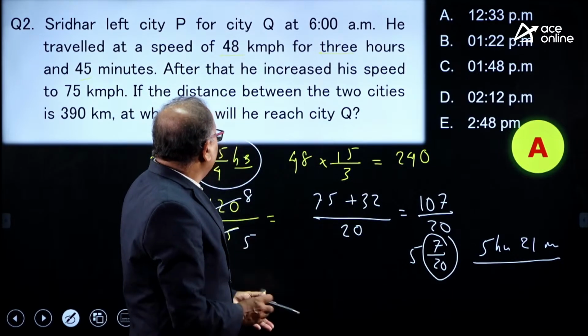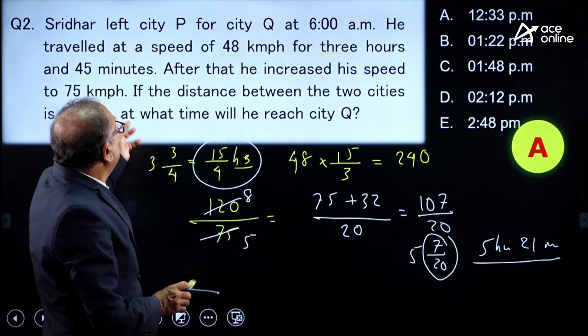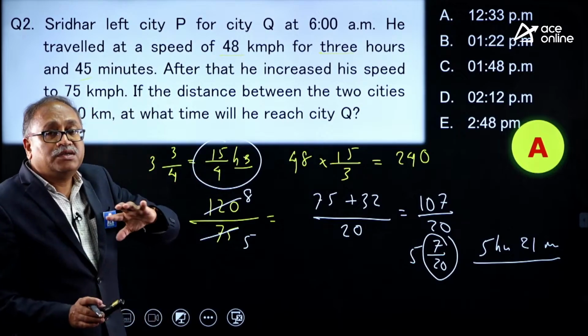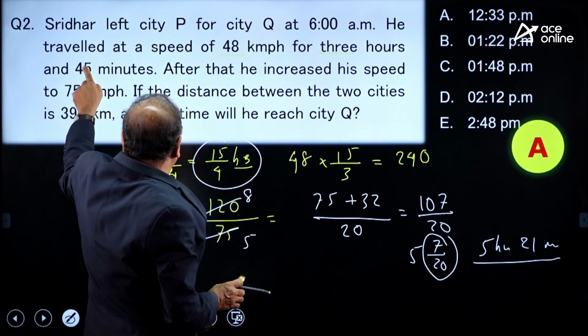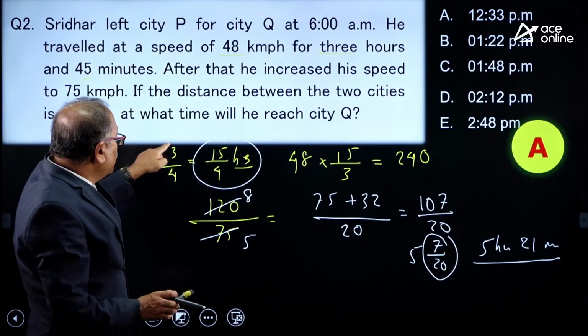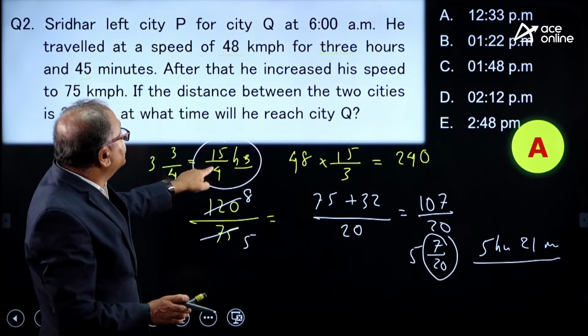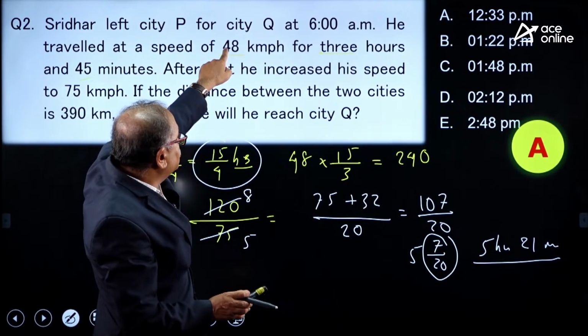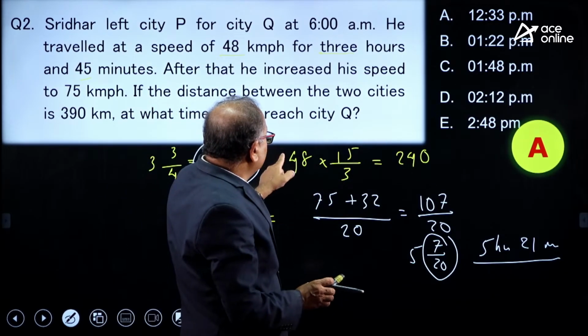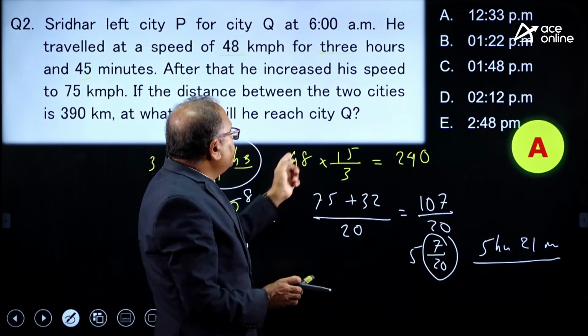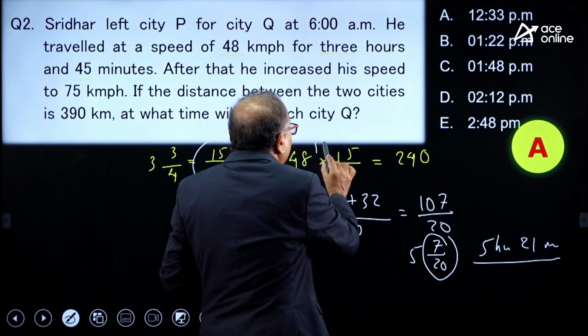I think somewhere the calculation has been wrongly placed, but you understood the method here, that is he takes 3 hours and 45 minutes, so that is 15 by 4 hours. How much distance does he cover with a speed of 48 kilometer per hour? So, that is 12 and 15. Am I making any mistake over here in the calculation?